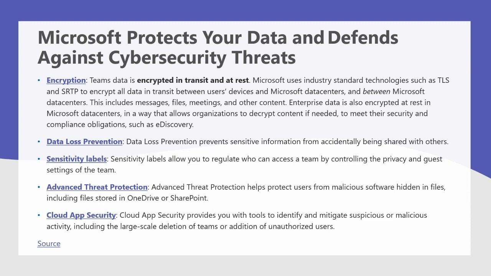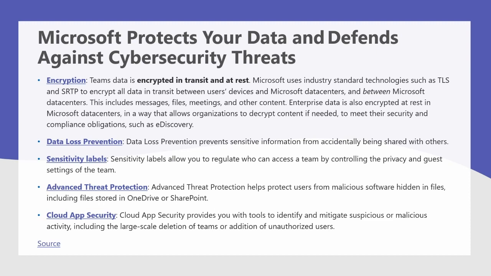Sensitivity labels allow you to mark a team as, say, confidential or general, and then based on how it's been labeled, you could say all sites that are marked as confidential cannot have guests in them. And that's another way to control what people are doing with their teams at an organization level. Advanced threat protection scans your files to make sure there's not anything bad in them.